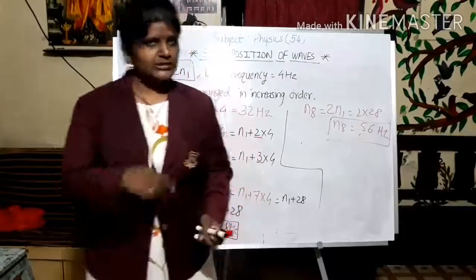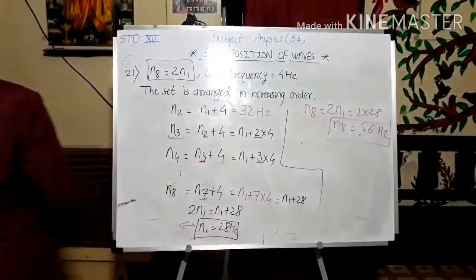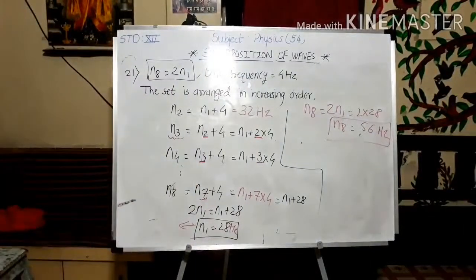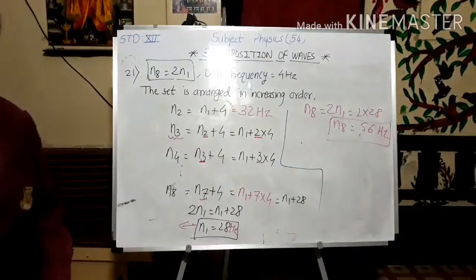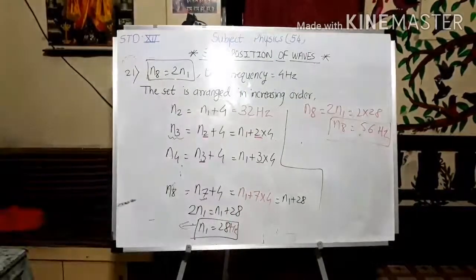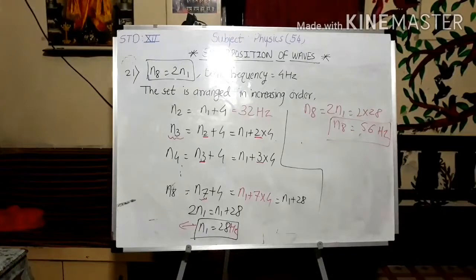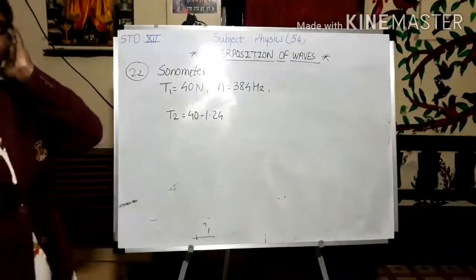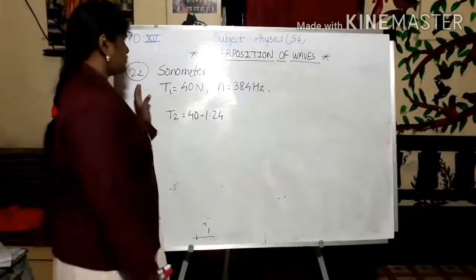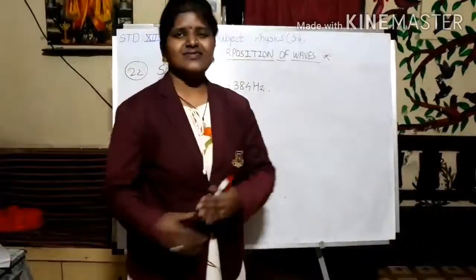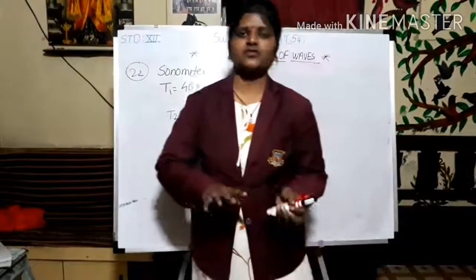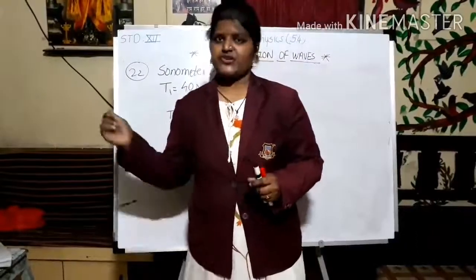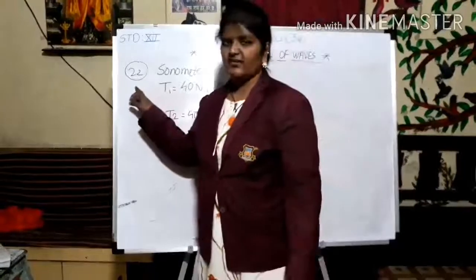Okay, so we'll solve the next one also, which is the 22nd numerical from your exercise. Just have a look. Even in the 22nd, a sonometer is given, tension is given. You can see on the board I have written the numerical. Just take your physics textbook so that you are able to match both the sums, which is the 22nd from your exercise.